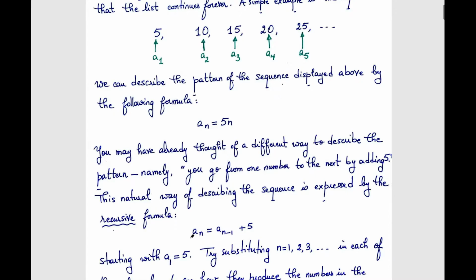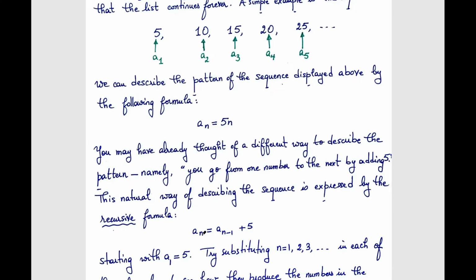this. The nth term is equal to the previous one. If the term has rank n, the previous one is going to have rank n minus 1. So you go to the previous term and you add 5 to get the nth term, the term in the sequence whose rank is n.